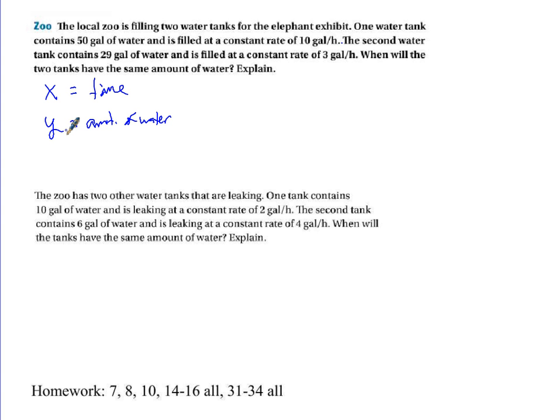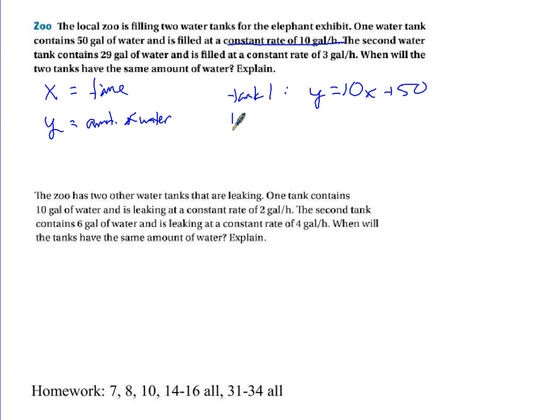And now we need an equation for tank 1. Y equals the amount of water in tank 1 equals 10x. The constant rate, 10x, 10 gallons times the amount of hours that have gone by, plus the 50 gallons that it started off with in the beginning of the problem.